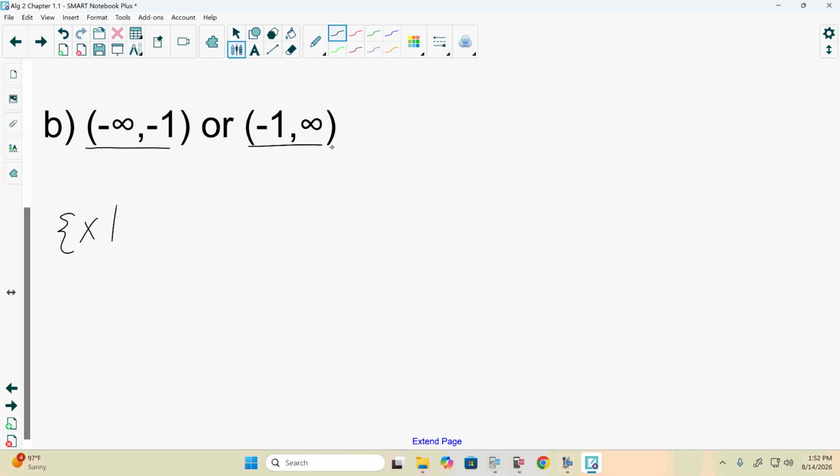One, so if we look at negative infinity to negative 1, we're talking about all the values of x that are what? Smaller than negative 1, that are less than negative 1. Now we would say less than or equal to if the negative 1 had a bracket, yes? So for this first part here, x is less than negative 1.